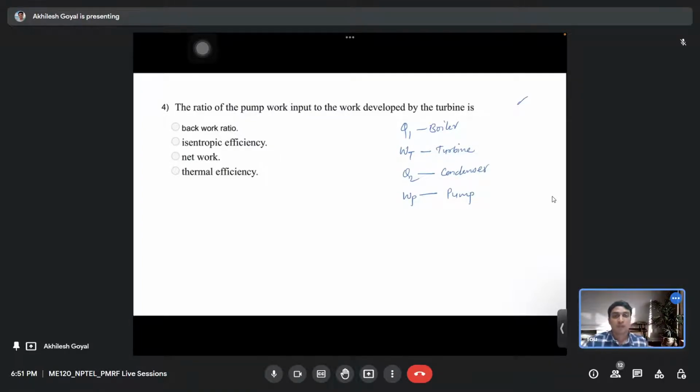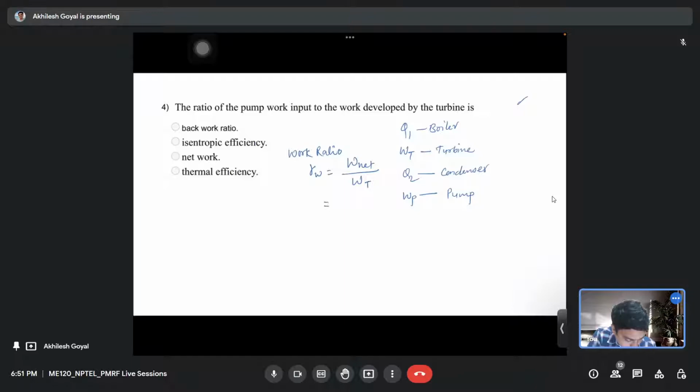Okay, so there are two terms. The first is work ratio. Work ratio is defined as W net divided by WT. So what is W net?